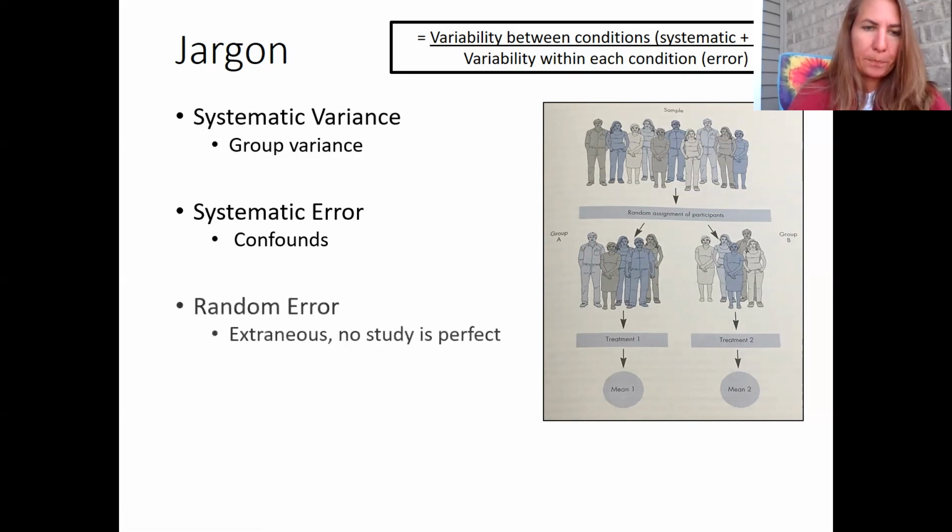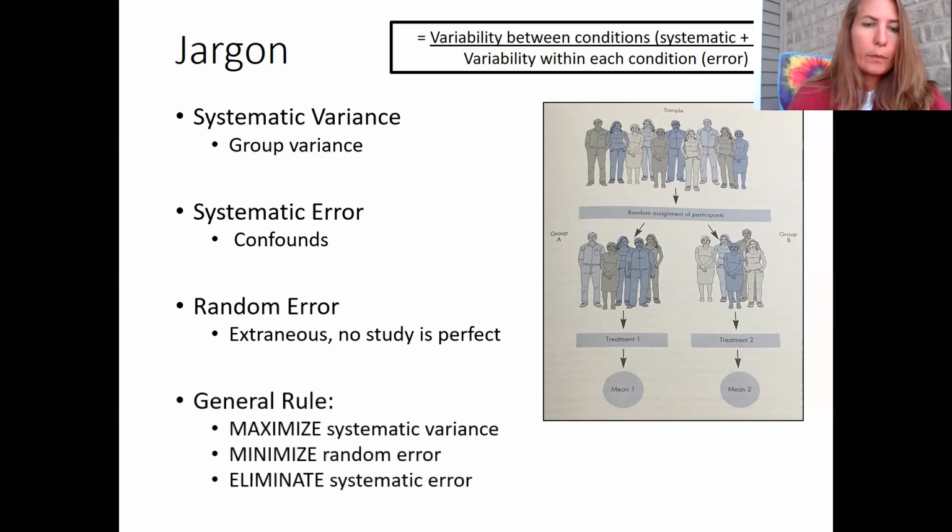We know it's happening. Random error is the extraneous variability that we cannot necessarily control for. We try to minimize it as best as possible, but there's always going to be extraneous error in our data. There's always error. So as a general rule, we want to eliminate our confounds. We want to eliminate the systematic error. We want to take this away.